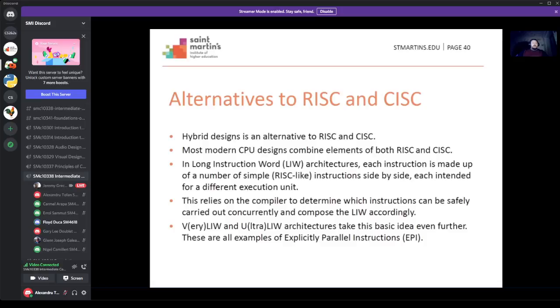So the decision for which circuitry runs particular instructions falls down to the compiler with these kinds of architectures.